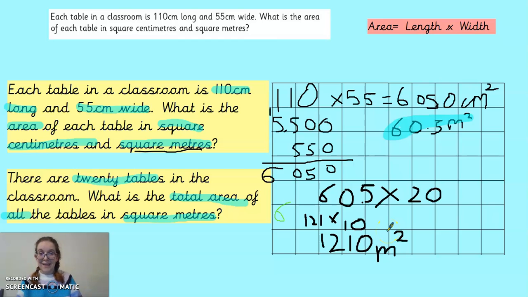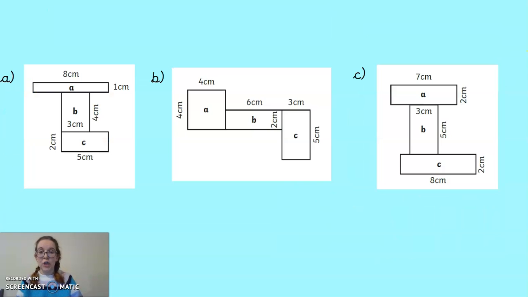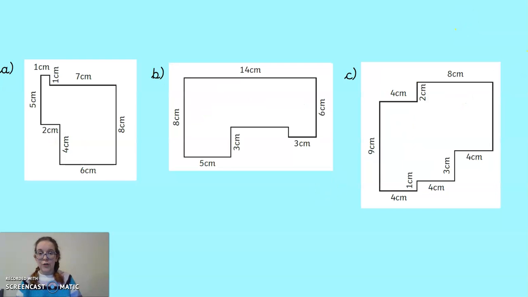Okay guys, here is where I'm going to hand over to you with our questions. We have got some easy challenges for you to have a go at in terms of finding the area of the whole shape. Again, you're going to have to find the area of each rectangle and add it up to find the area of the total shape. Then you can go into some slightly trickier questions where you have to do the partitioning yourself.